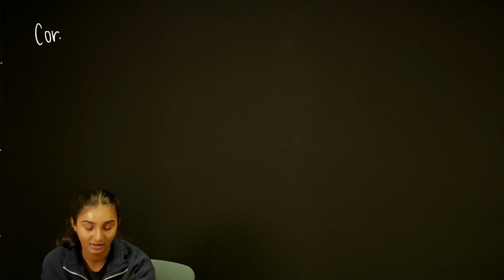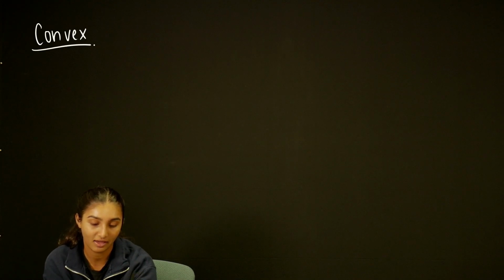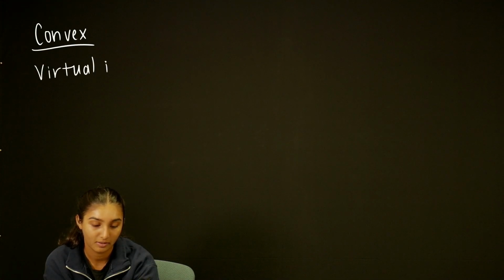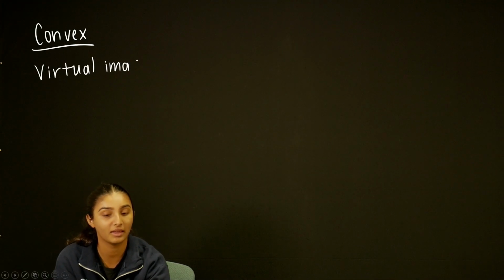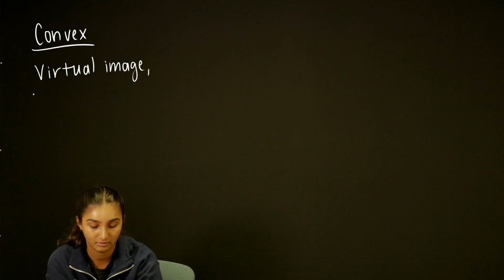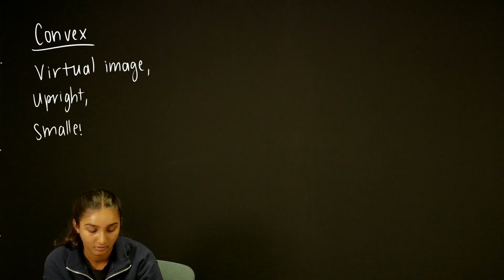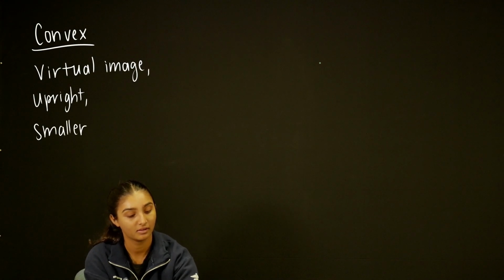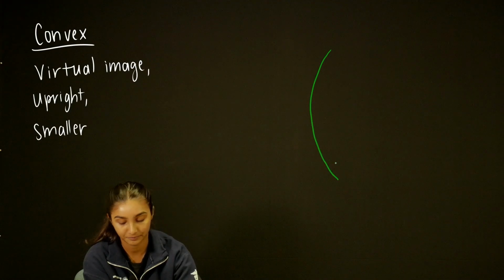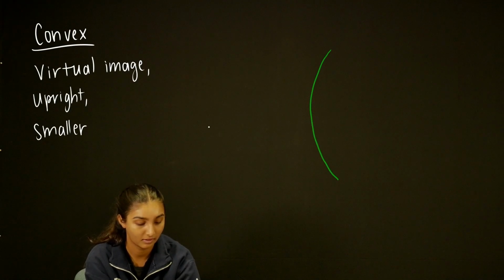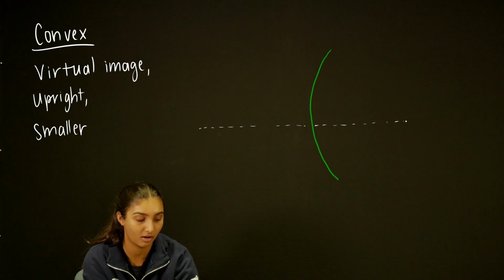So next we have convex mirrors. And convex mirrors have virtual images that are upright, but what's different is that the image is smaller. So what's that going to look like? We have our convex mirror. And in convex mirrors, the focal point is on the opposite side.